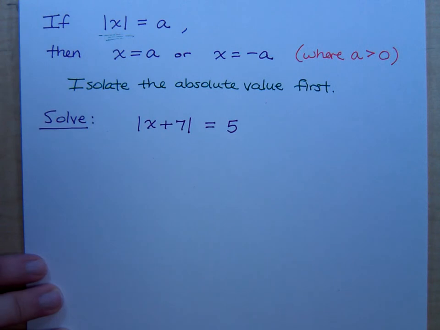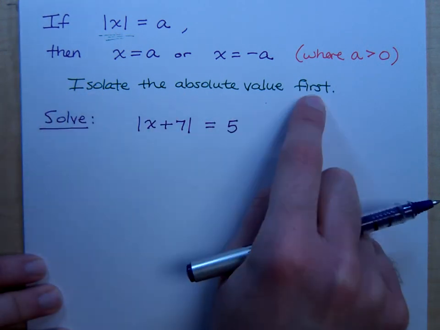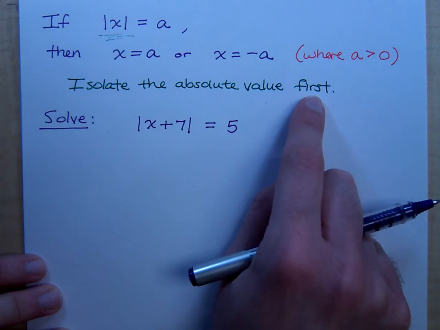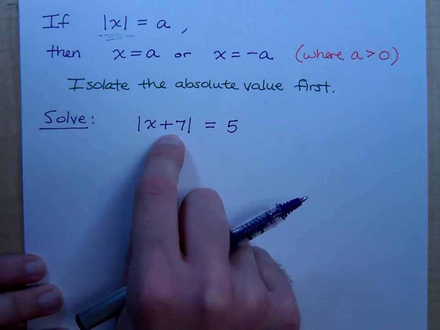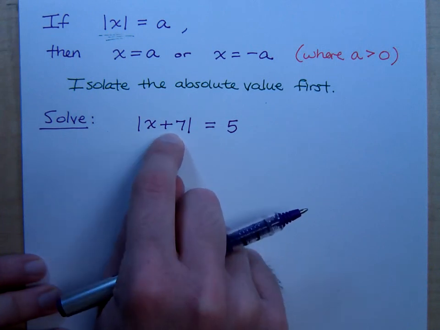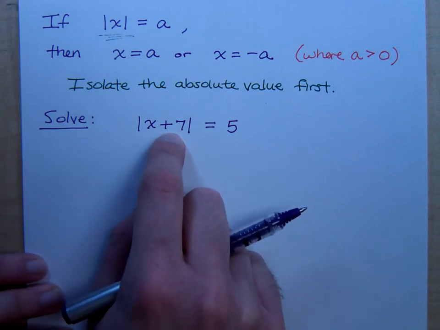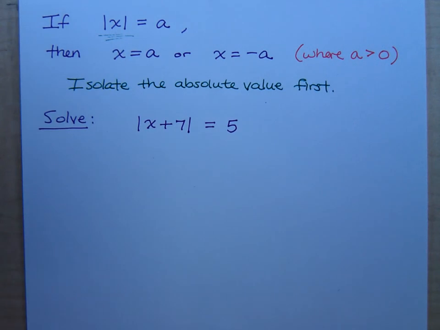Isolate the absolute value. That means get the absolute value on one side of the equation completely by itself. And that's what I have here. This plus 7 is inside the absolute value. It's inside a grouping symbol, and that grouping symbol has an operation with it.